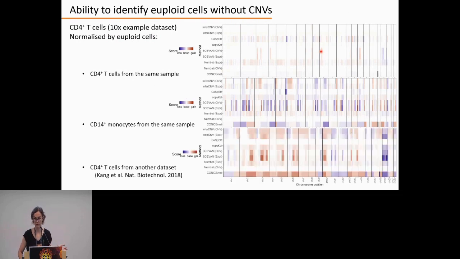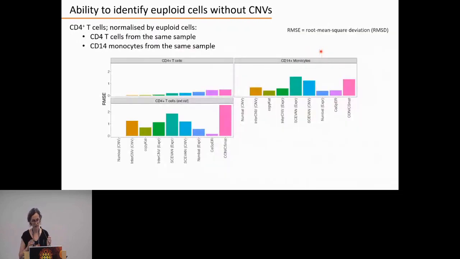And we also obtained a lot of copy number variations. We can quantify that with a root mean square deviation. And what we see is that half of the CD4 T cells was the best result. But as soon as we deviate from that, nearly all methods identify a lot of copy number variations, except for Numbat, which also takes the allelic information into account. And this seems to be very powerful at identifying euploid samples.